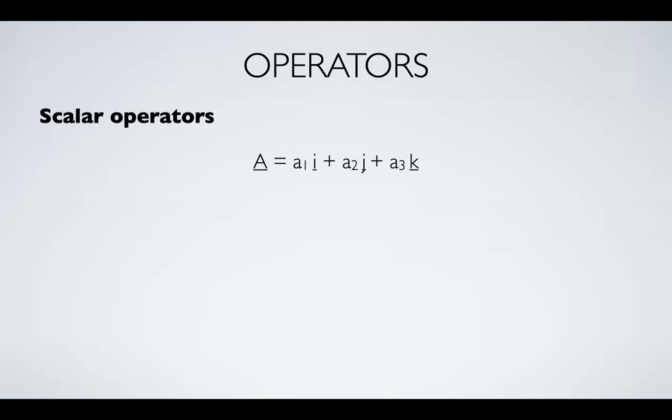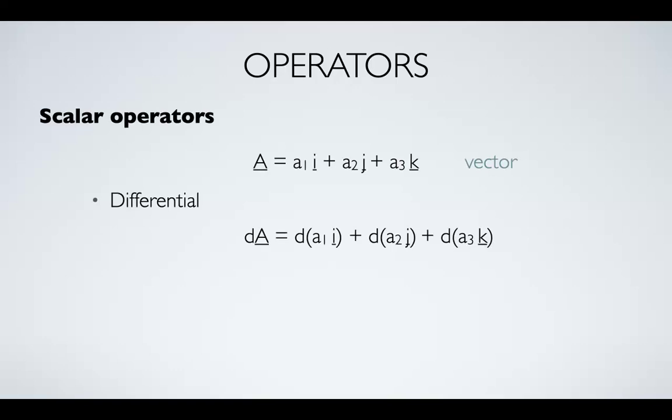We have both scalar operators and vector operators. So again, let's get back to the vector A that we had before. Differentiation is a scalar operator. So if I differentiate vector A right here, of course I'm going to differentiate all the terms in the equation.